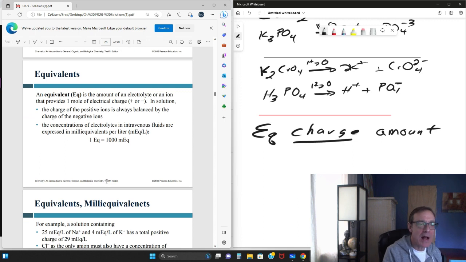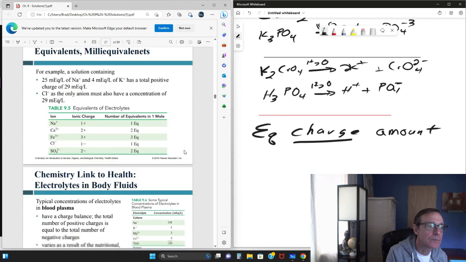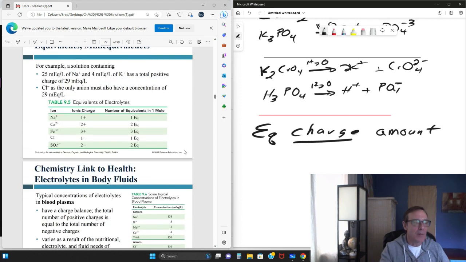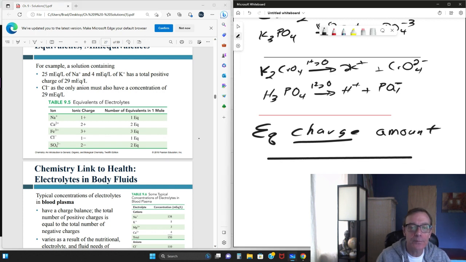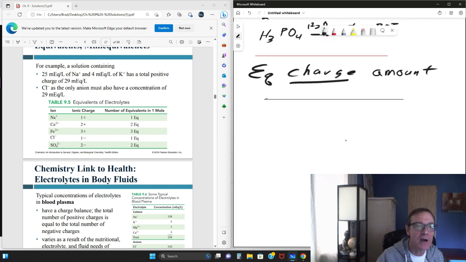They always balance out. Positives and negatives always balance out. Okay, so on the table, look past the bullet points and look down at the table, and we have sodium, with an ionic charge of, of course, 1. So if you dissolve that in water, it's going to give you 1 equivalent.